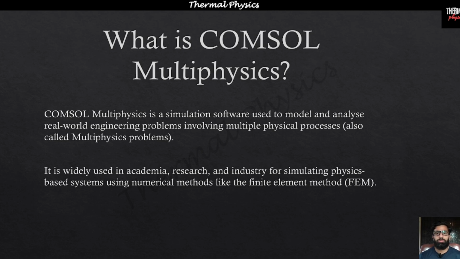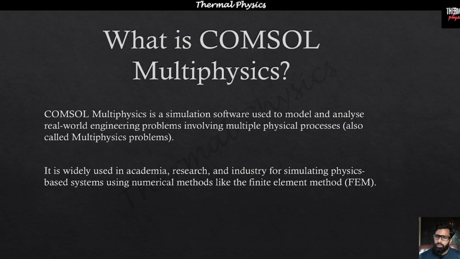So for example, the first software that comes to mind is ANSYS Workbench. Now that is an industrial level software, and it also has a module of multiphysics which couples different physics together. But that is one module of that software.